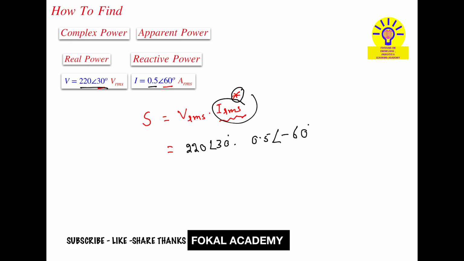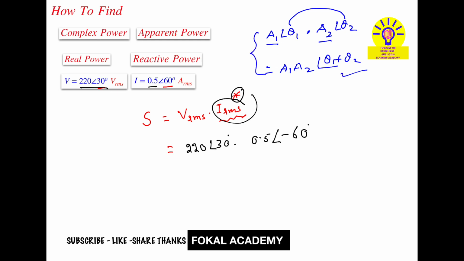We know that a magnitude A1 having phase angle theta 1 multiplied with another complex number having magnitude A2 and phase angle theta 2: at that time we multiply the amplitudes, that is A1 into A2, and add the two angles, that is theta 1 plus theta 2. So this is the resultant form.